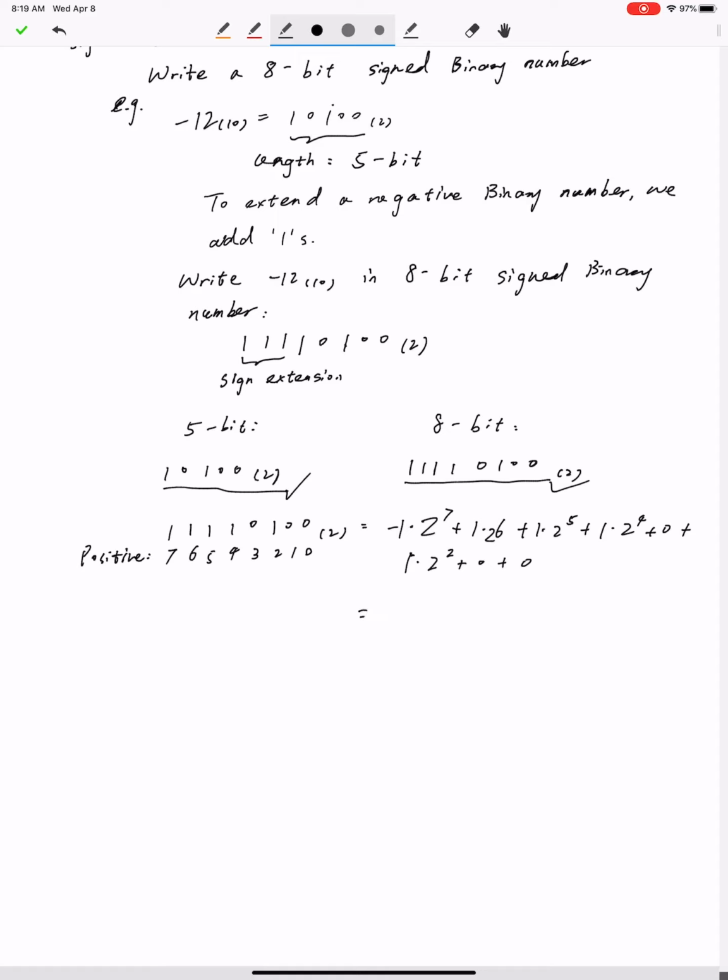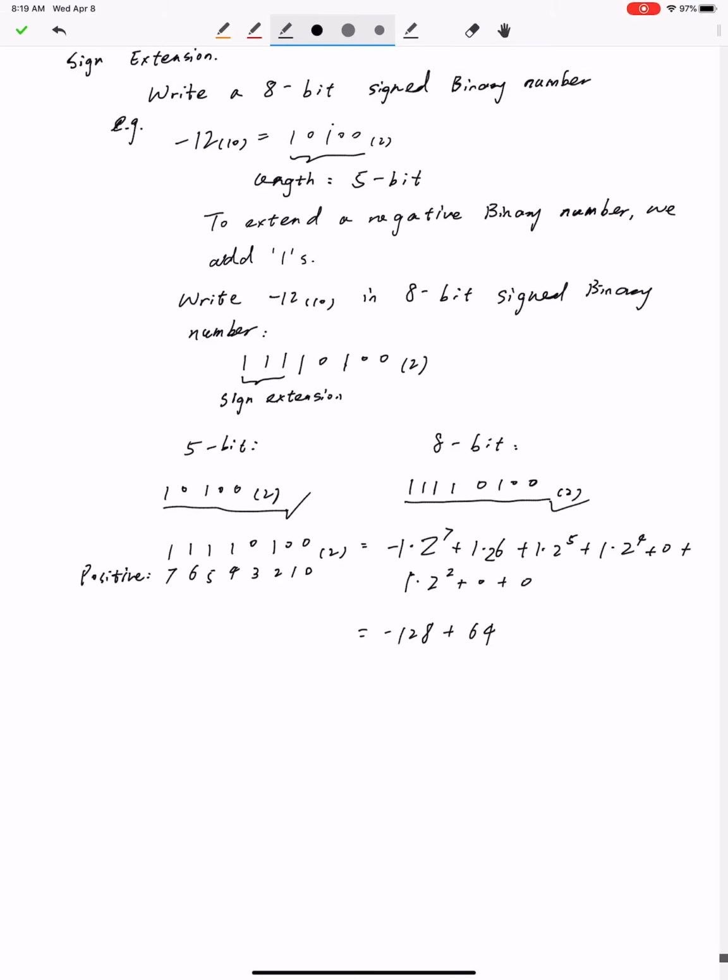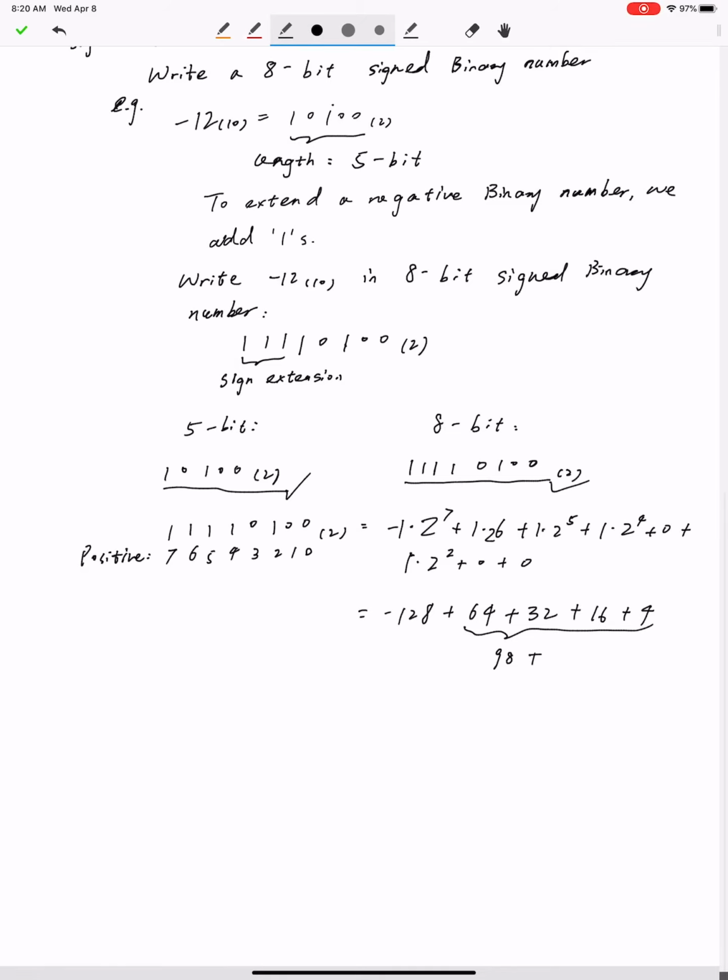So that equals minus 128 plus 64 plus 32 plus 16 plus 4. If you sum all the positive numbers, the first two sum together to 96, the last two sum together to 20, and the result is 116.